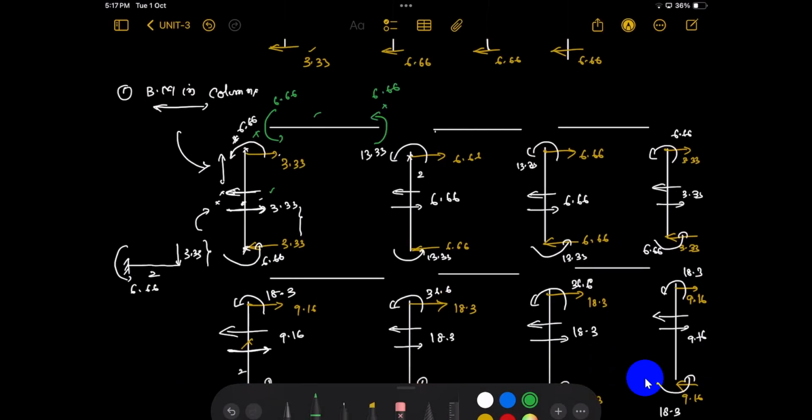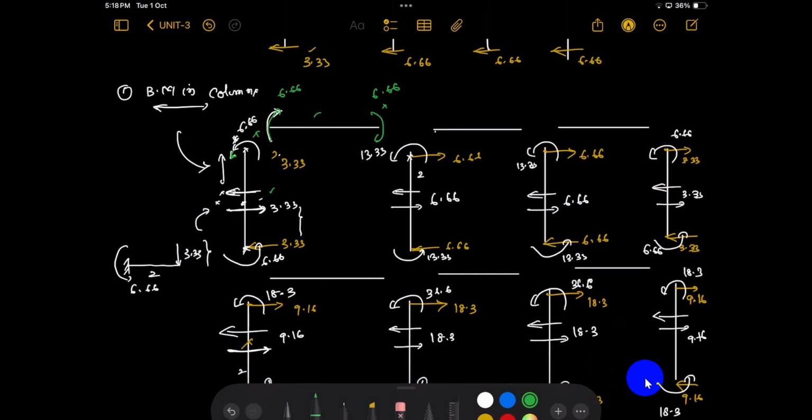See, this is anti-clockwise, so this should be clockwise. Wait one minute. That is anti-clockwise, so this must be clockwise, and this value is 6.66. So here also it is clockwise 6.66.